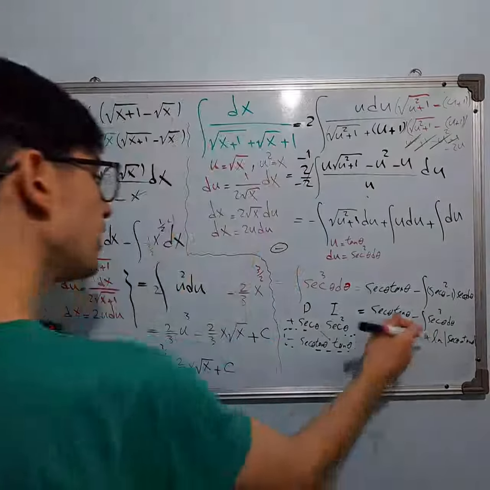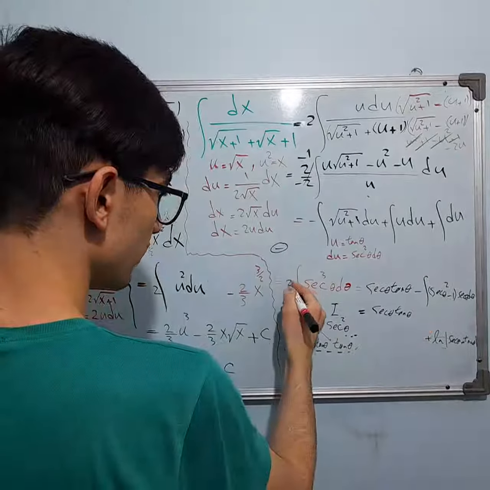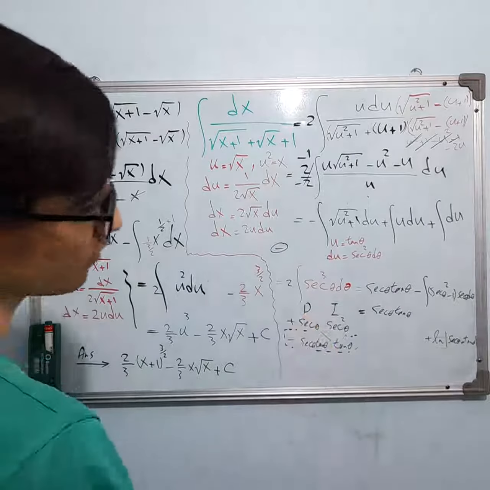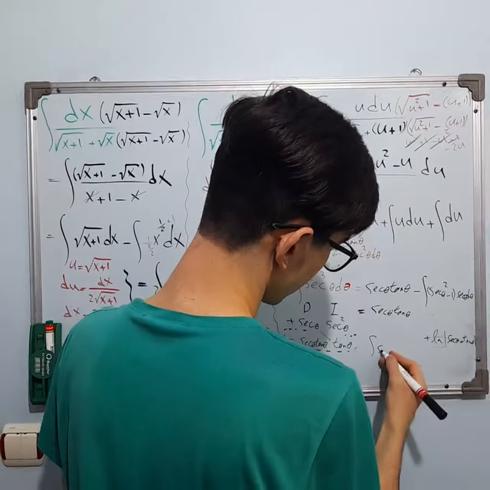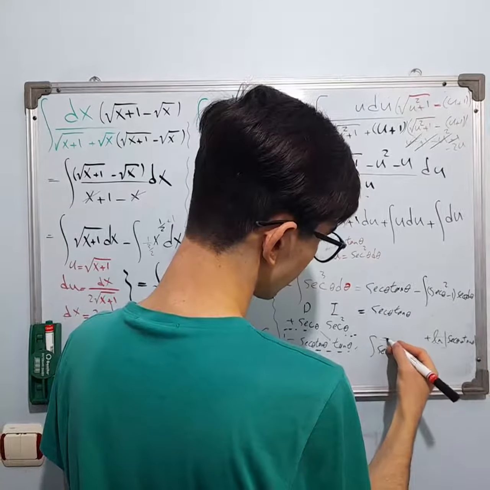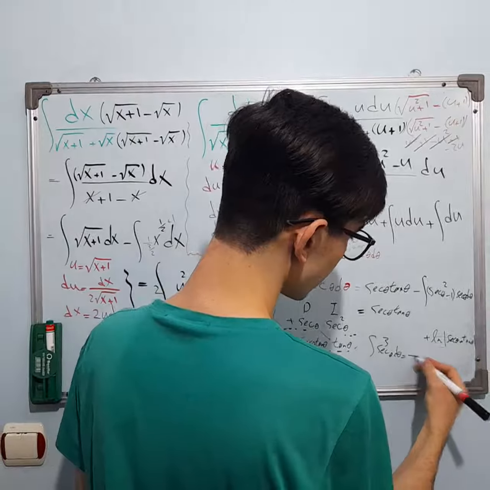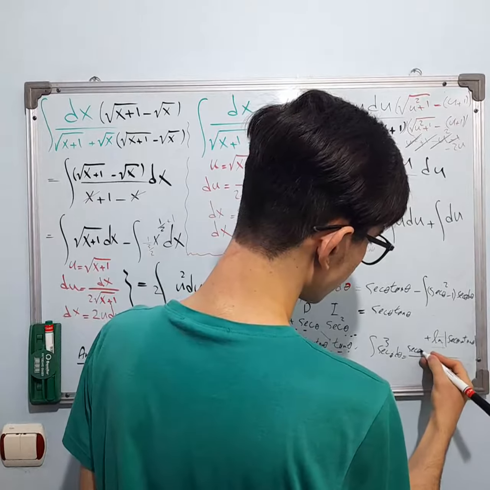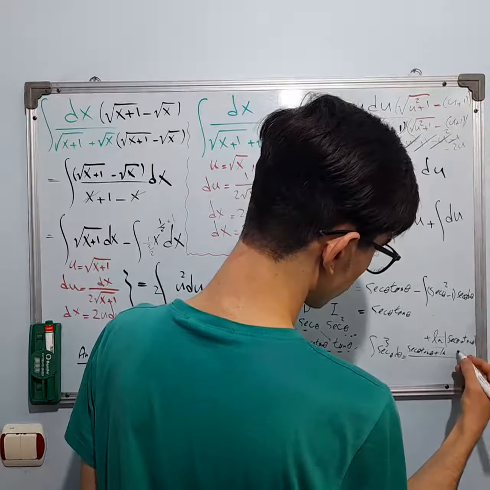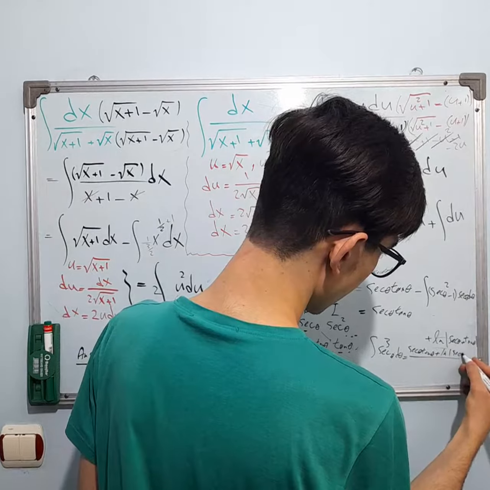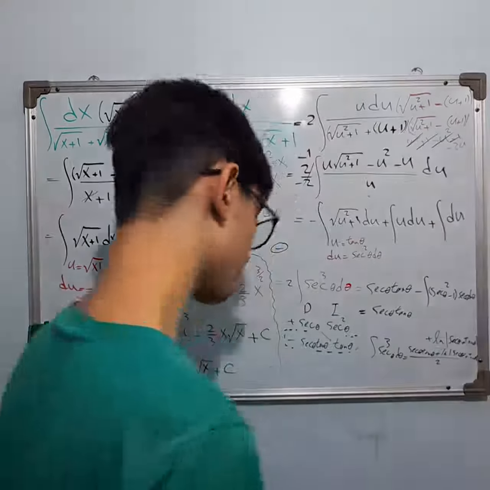And if I bring it over there, I will have 2 integrals of this guy, and I divide everybody by 2, and we get that the integral of secant cubed theta d theta is secant theta tangent theta plus natural logarithm of secant theta plus tangent theta, over 2.